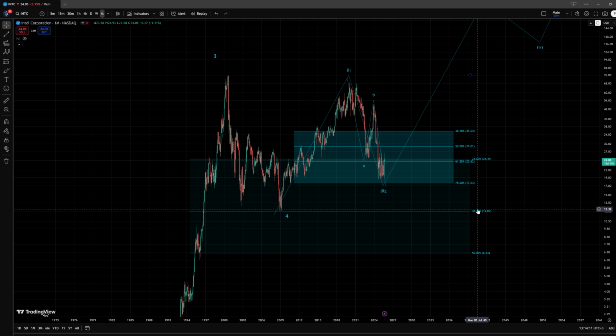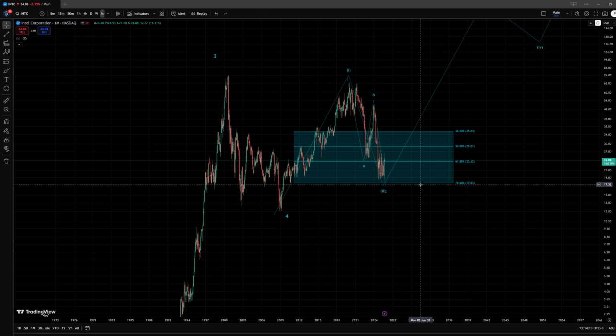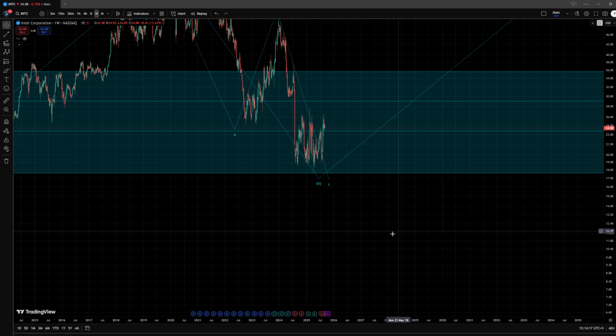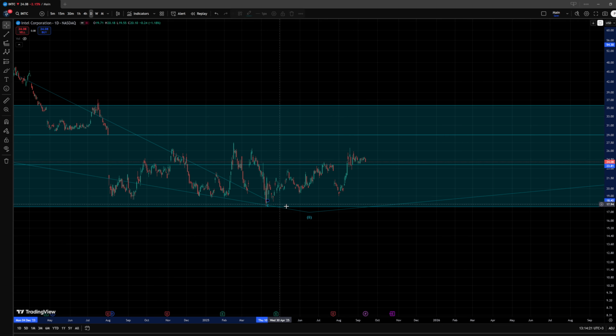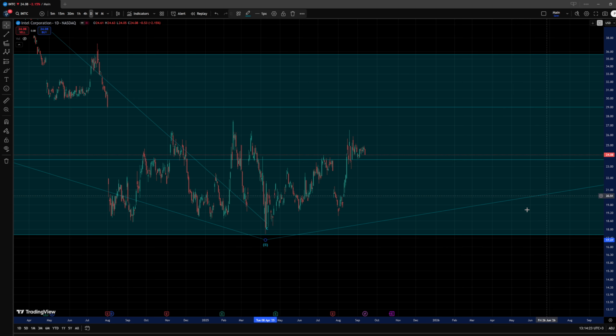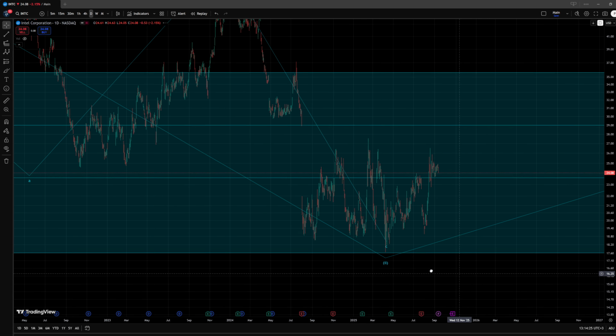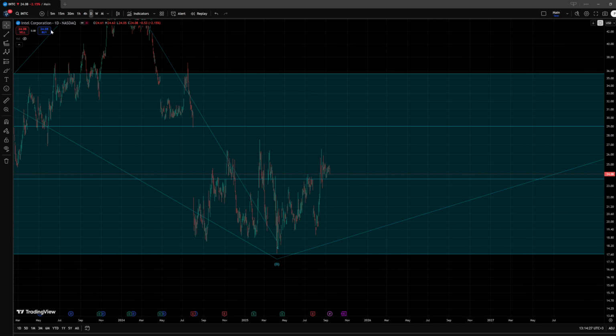With that said, we can remove the larger support zone and focus mostly here on the smaller time frame, where we could have bottomed here in the wave 2, and we could already be tracking the third wave that started here.